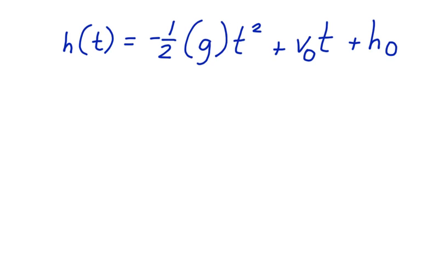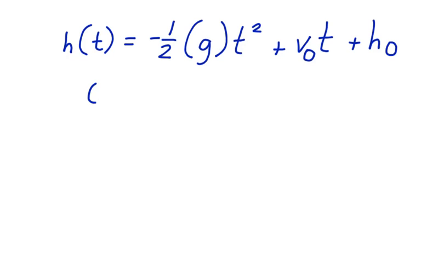Height or time is equal to negative 1/2 g, which is the gravitational pull, times t squared, plus v, velocity, times time, plus height. Now, let's look at how we work this through. First, if it's being dropped, then the gravity is going to be 32 feet per second.